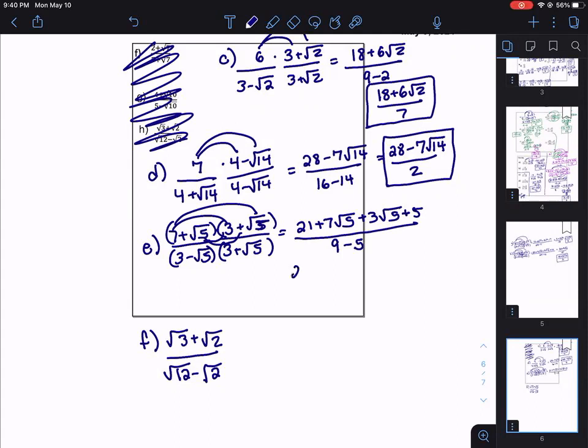The 21 and the 5 will combine to 26 plus 10 radical 5 over 4. 26, 10, and 4 have 2 in common. So when dividing those coefficients by 2, we get 13 plus 5 radical 5 over 2.